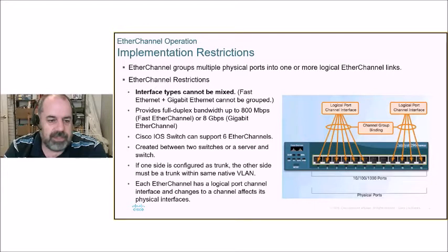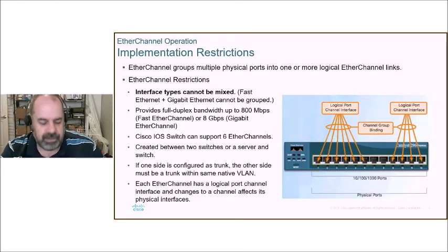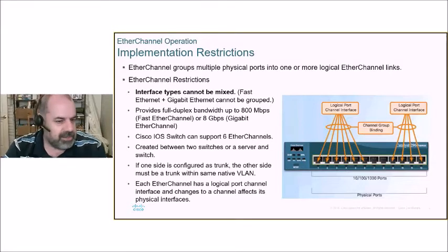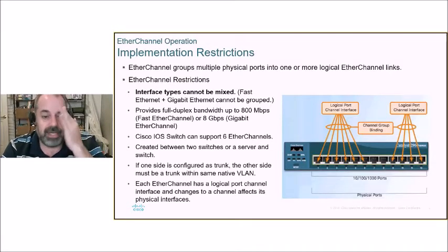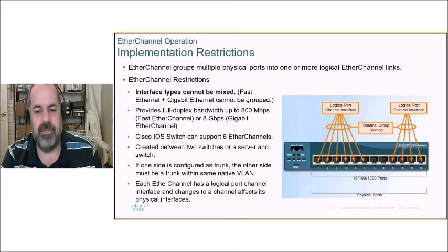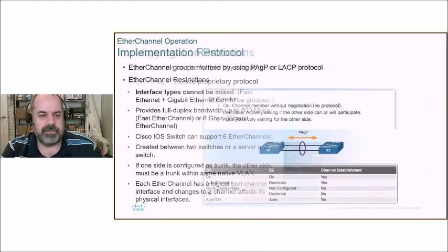If one side is configured as a trunk, the other side must be a trunk, with the same native VLAN. Each EtherChannel has a logical port channel interface, and changes to the channel affect its physical interfaces. Once you've combined multiple physical channels into this EtherChannel, you need to do all your configuration changes on that logical port channel interface, not the individual interfaces.